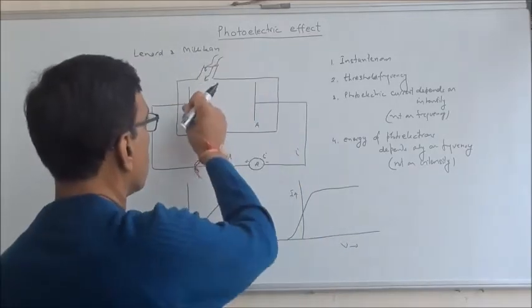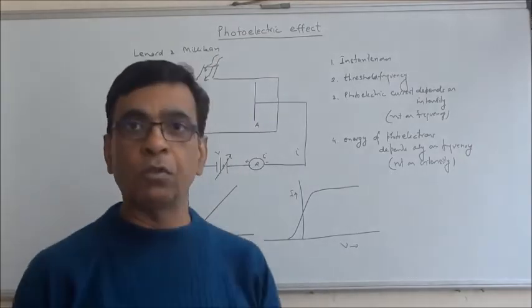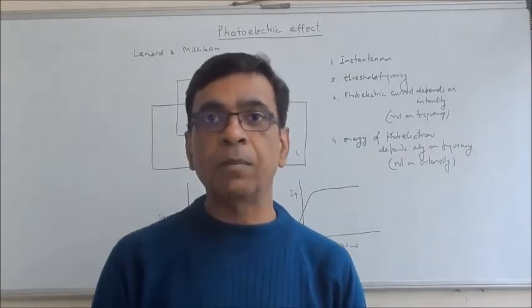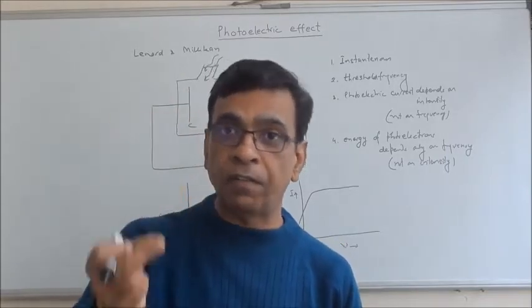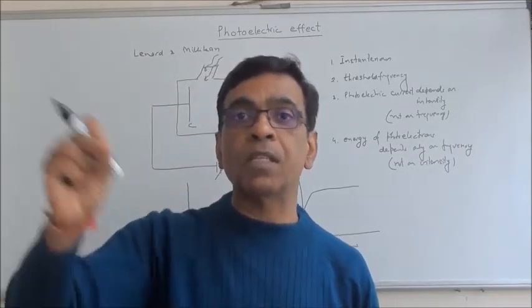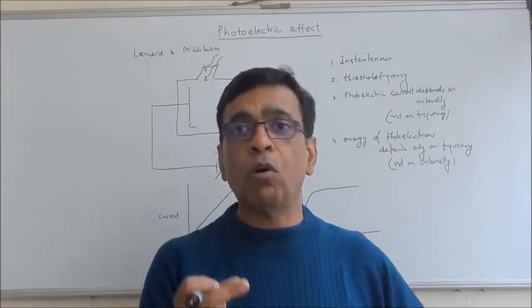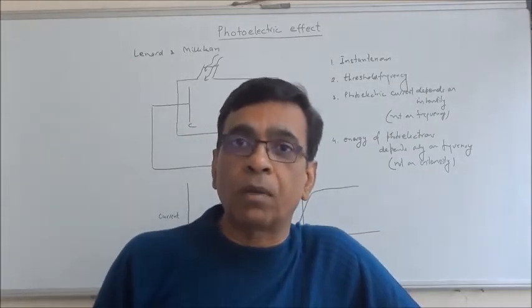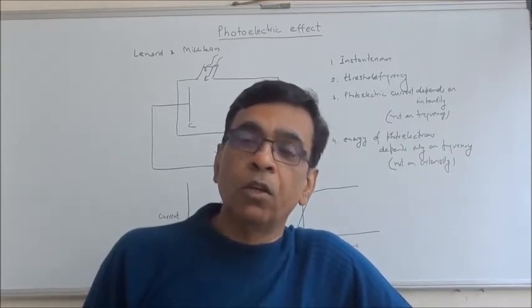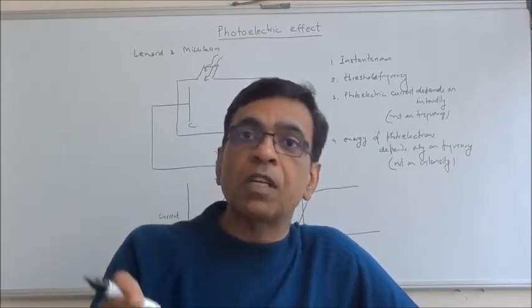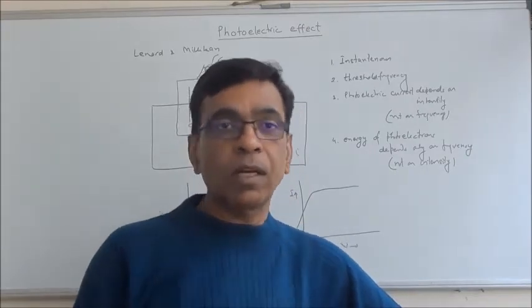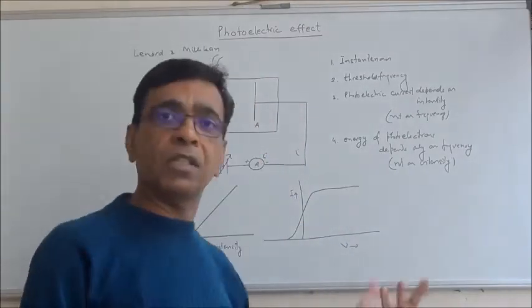When the radiation falls onto it, some of the electrons may be on the surface, some may be well inside the material, some may be free, some may not be free, they may be inside the atom. So all electrons getting energy and coming out, different electrons are coming out with different energies. Those electrons which spend the minimum have the maximum energy, right? So the kinetic energy with which they come out is different.